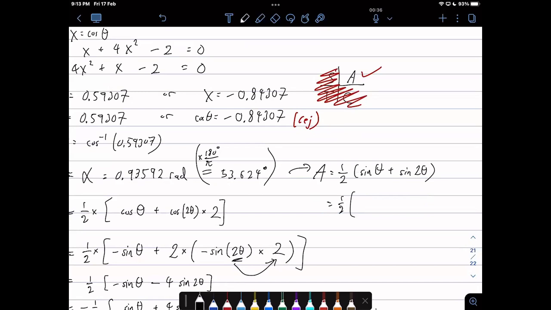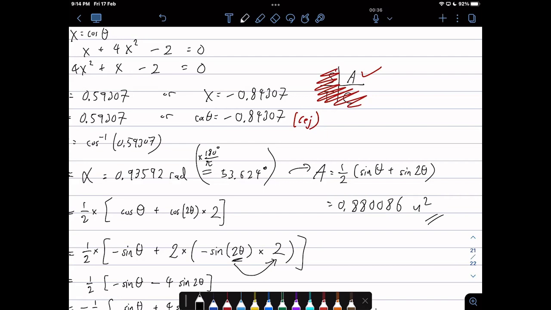So 1/2 times, open bracket, sine of 0.93592 plus sine of 2 times 0.93592, close the brackets. I get 0.880086 unit square.